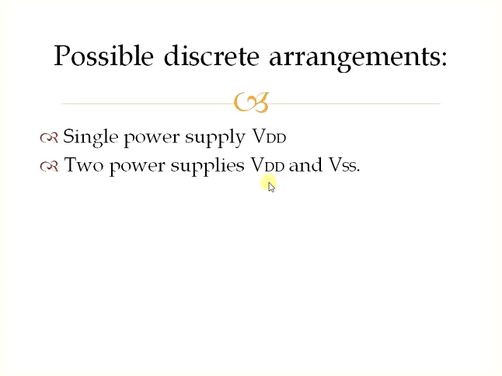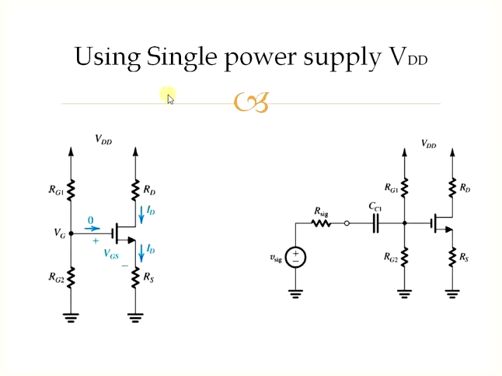There are basically two practical discrete implementations, one using a single power supply VDD, and another using two power supplies VDD and VSS. Coming to the first one, using a single power supply VDD. In the first circuit, VG is derived from the voltage divider network RG1 and RG2.